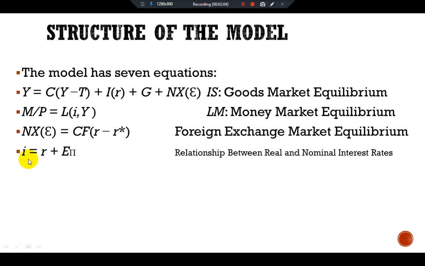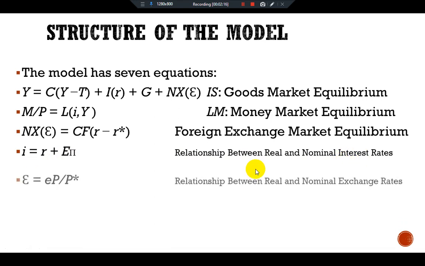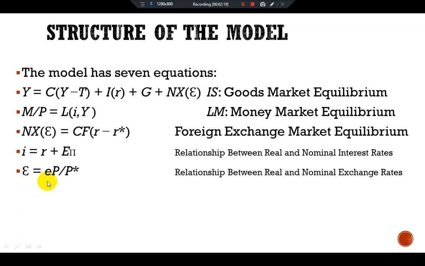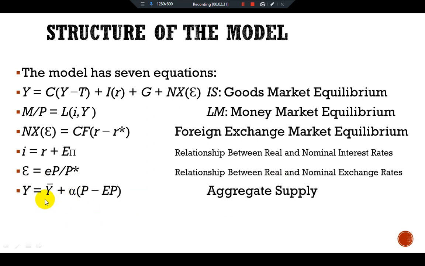Fourth, i = r + Eπ. This is our relationship between real and nominal interest rate equation. Fifth, ε = EP/P*. This is our relationship between real and nominal exchange rate equation. Sixth, Y = Ȳ + α(P - EP).